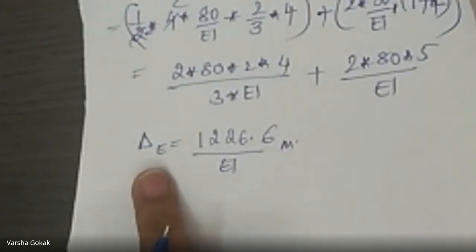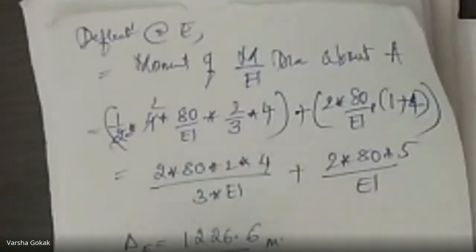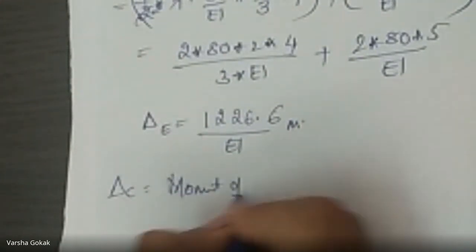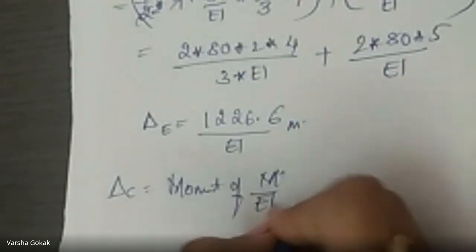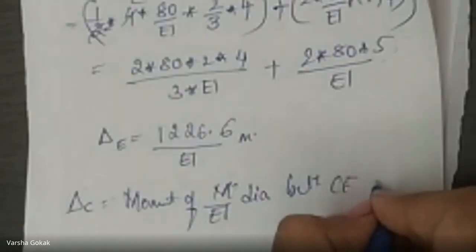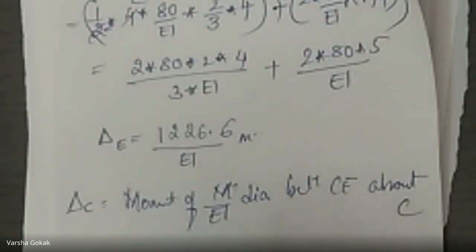Now also let us find the deflection at point C. So delta at C I want, we have done that in the derivation. If I want deflection at this point, about point E, I have to take the area of this and take the moment about point E, right? So delta C is going to be equal to moment of M by EI diagram between C and E about point C, right?